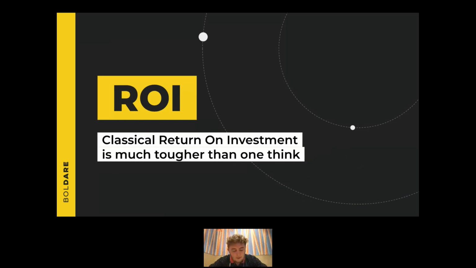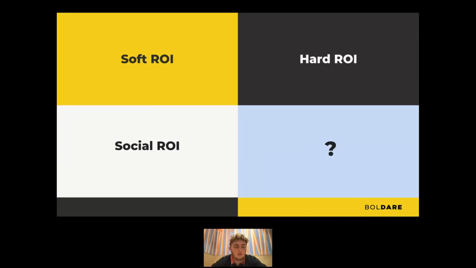Okay, maybe a much tougher topic: return on investment. And that might be your everyday job, right? Hard return on investment is what you look at almost every day.